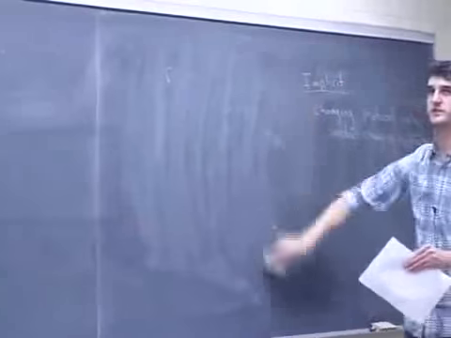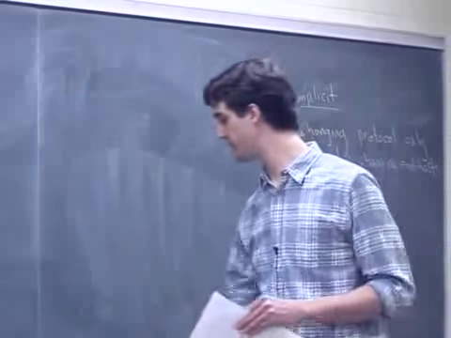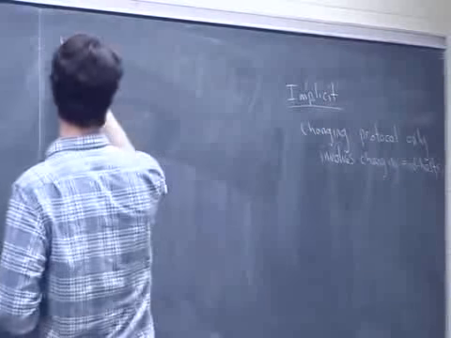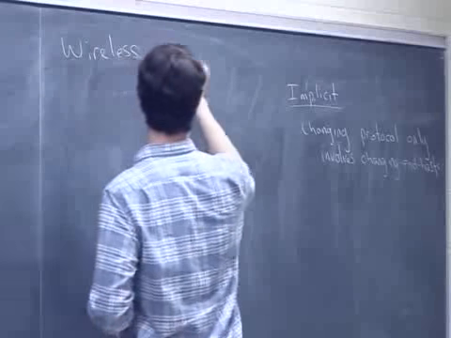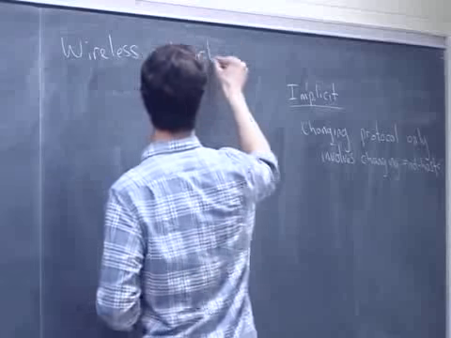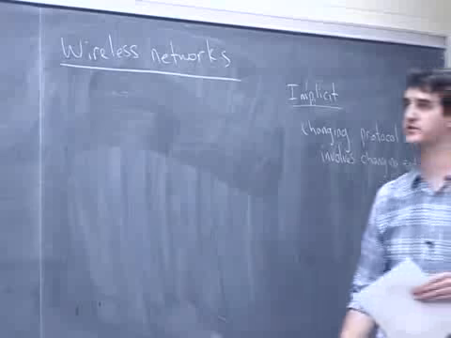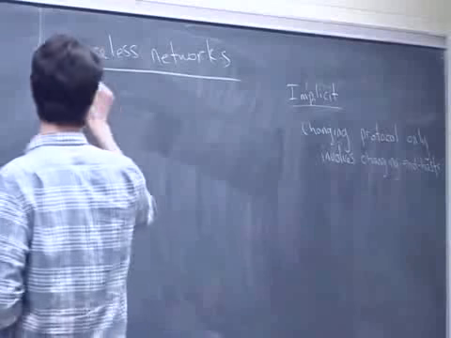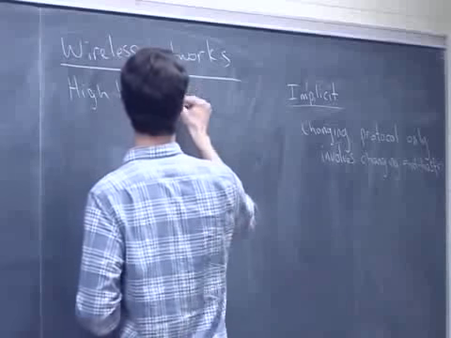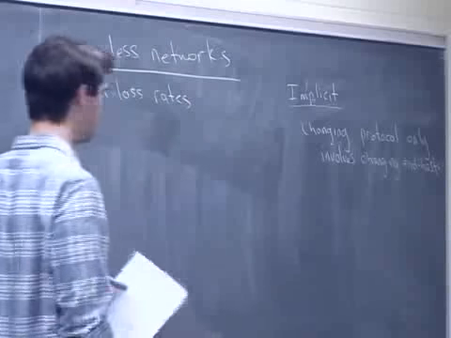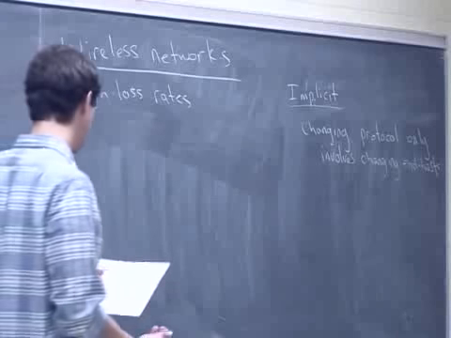So one more scenario where TCP doesn't do that well is when we have wireless networks. Wireless networks have very high loss rates, and as we know, TCP assumes that any sort of loss is its fault.